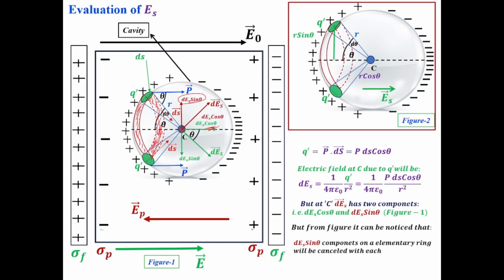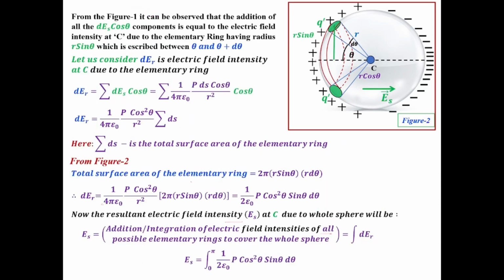Mathematically, we add all the cos theta components. The same thing has been written here: the ds components on the elementary ring will be cancelled with each other, whereas the ds cos theta components are going to add up.